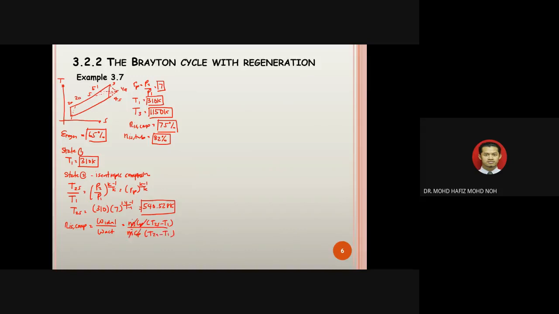So this one can be cancelled out, and they will leave you in terms of the temperature. So T2S is 540.528, T1 is given 310, divided by T2 actual minus 310. From here, you will get the value of T2 actual, which is 617.3708.